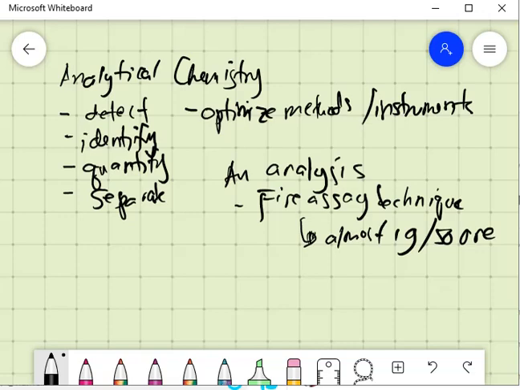The truth is that the fire assay technique could not detect low amounts of gold in a sample. In modern analytical chemistry, we now have AAS or ICP. This could analyze gold even up to 0.001 ppm, which is quite small.